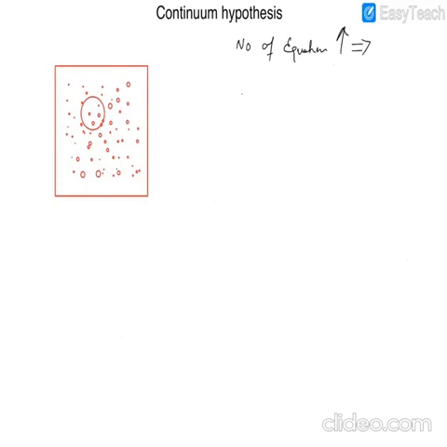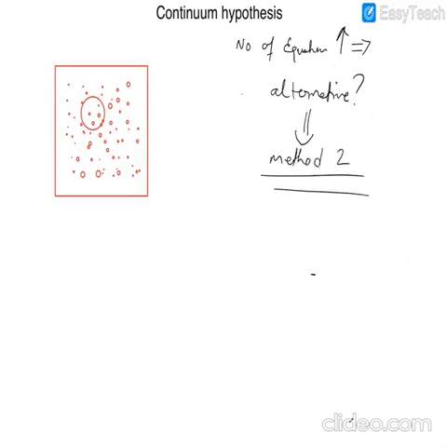But now the question is, what is the alternative? And that leads to method 2. In this method, instead of going for a single molecule, we go for a group of molecules instead of simulating each molecule, and this group is represented by statistical properties.